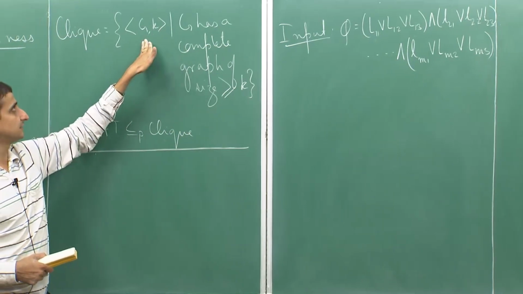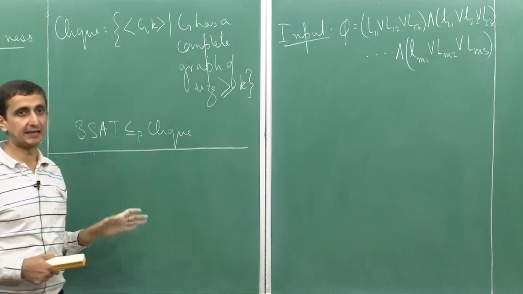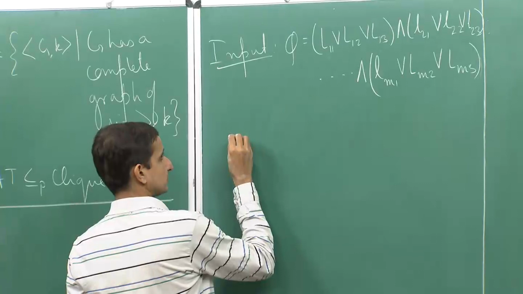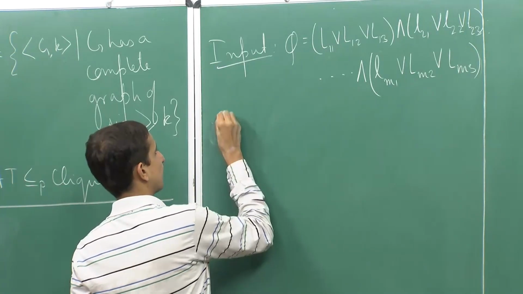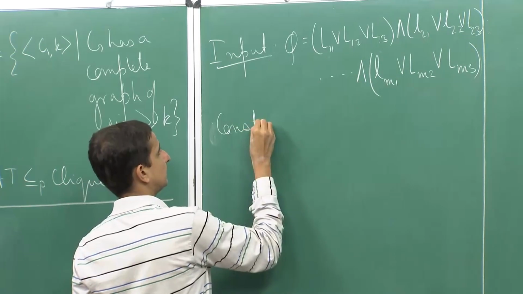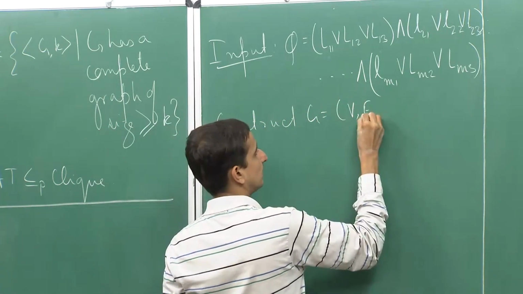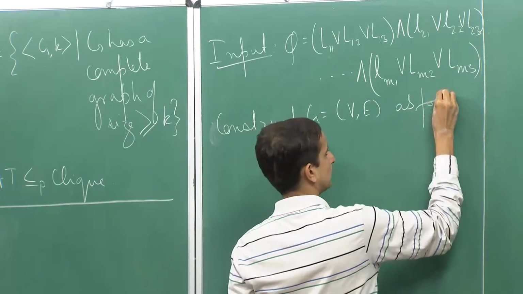An instance of click is a graph and a number k. Okay. So, how do I construct the graph? So, I define, so construct G equal to V comma E as follows.